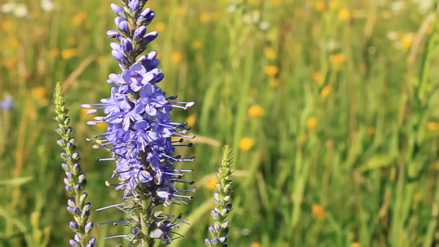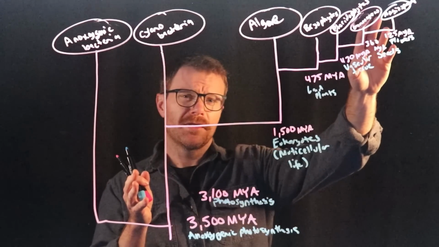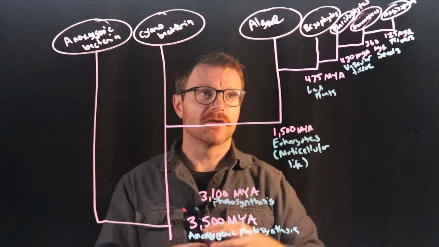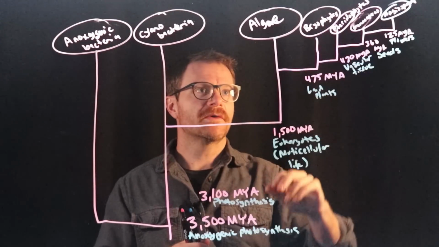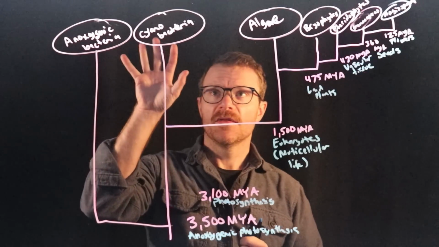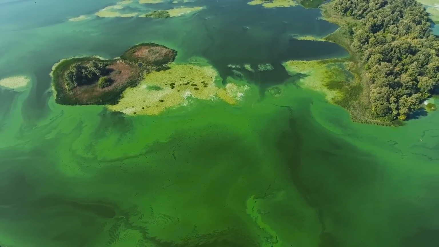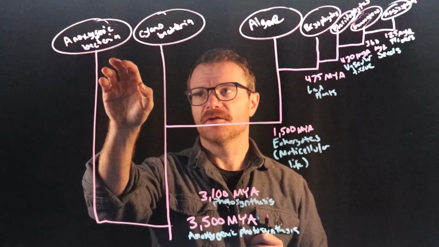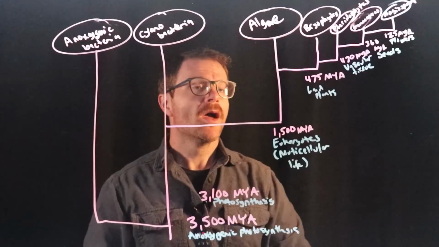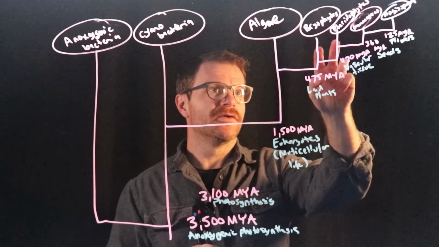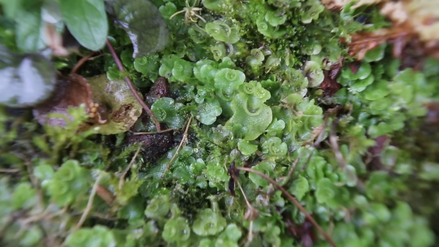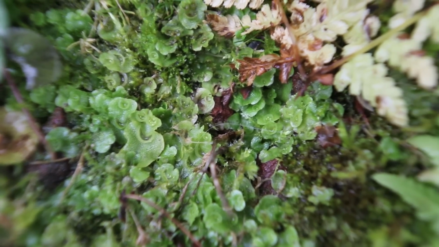Now, again, evolution doesn't produce just one thing and that thing is the best and it takes over. All these other things are still around. So for instance, the oceans are full of cyanobacteria and algae. Really weird places like volcanic vents are full of these anoxic bacteria. Wet places tend to be full of bryophytes and pteridophytes, mosses and ferns.